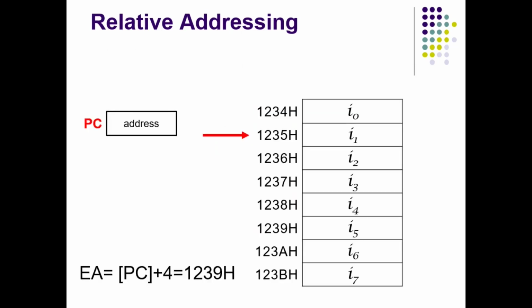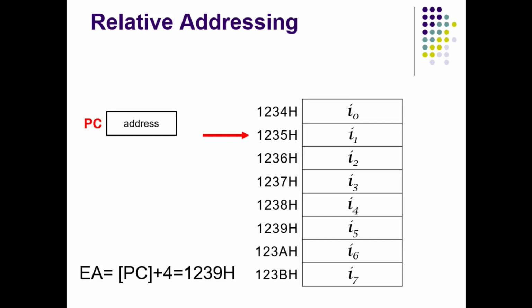We know that the program counter register holds the address of the next instruction to be executed. Now in this case I am executing instruction I0, which resides at address 1234H. Now PC will be pointing to the next instruction to be executed, that is I1, which is residing at 1235H. For example purposes I have considered every instruction to be 1 byte.